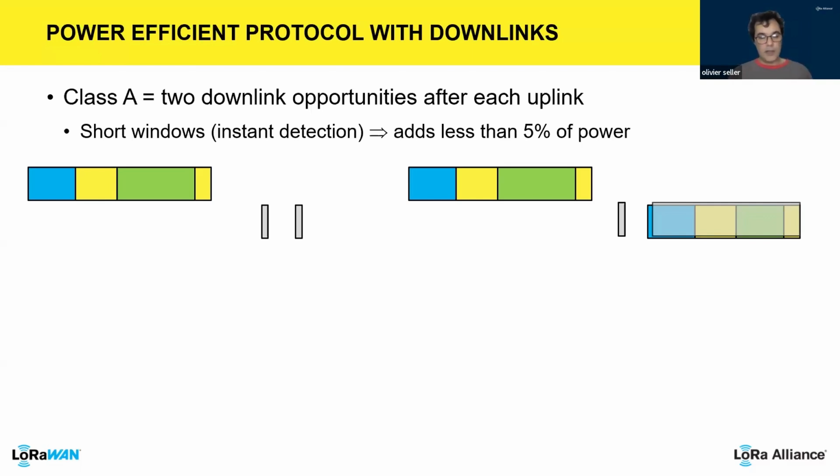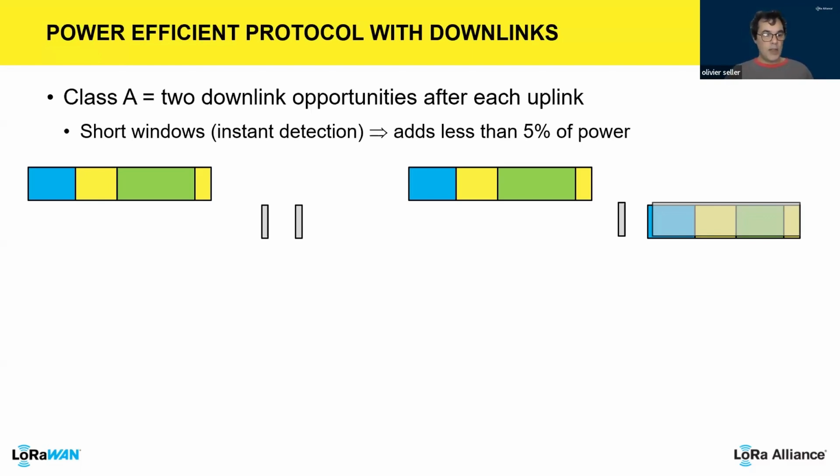Well, it can be even lower, depending on the transmit power. And so the reception power is much lower than the transmit power. So the combination of these two makes a very low add-on to the power budget of these 2 downlink opportunities. It's less than 5% of the power, even in regions where the transmit power is fairly low.